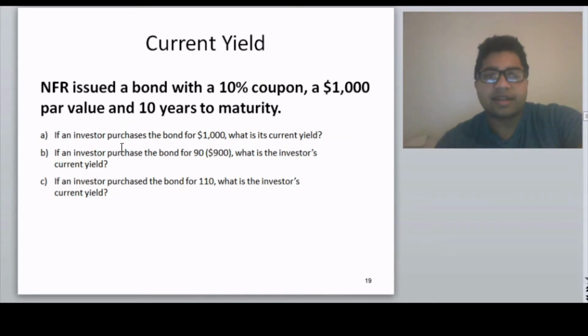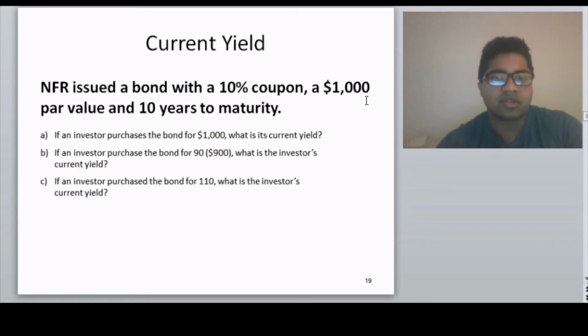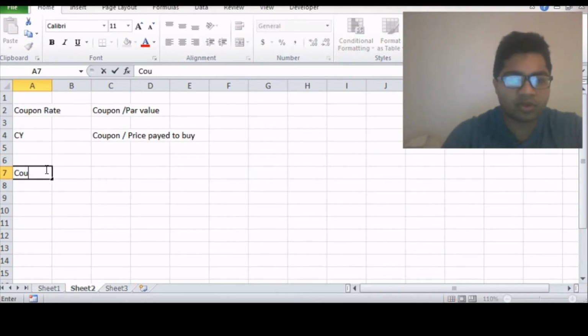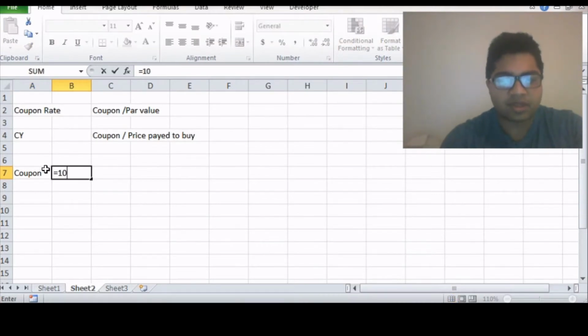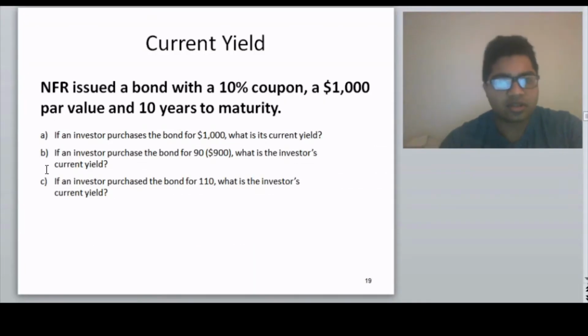So current yield in different cases: you have a 10% coupon rate bond on $1,000. So how much coupon are you getting? The coupon that you are getting is 10% multiplied by 1,000, so $100.